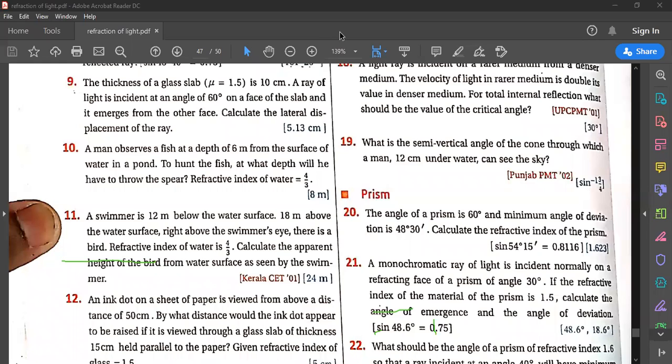The refractive index of water is 4 by 3. Calculate the apparent height of the bird from the water surface as seen by the swimmer.